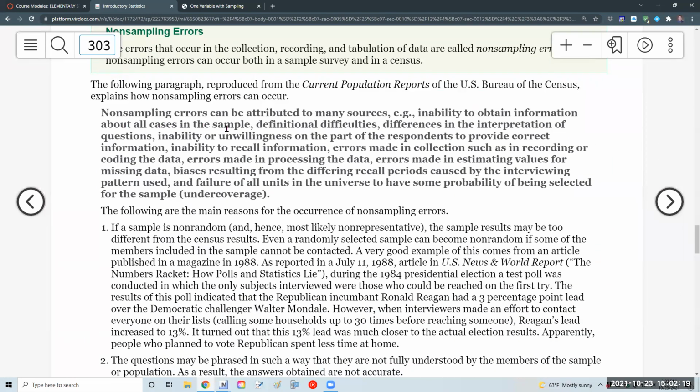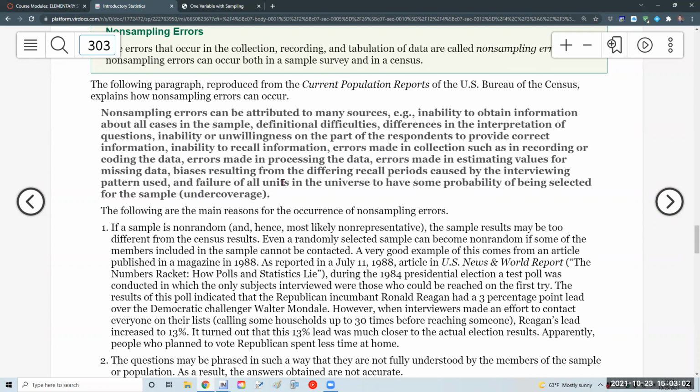Non-sampling errors can be attributed to many sources: the inability to obtain information about all cases in the sample, definitional difficulties, differences in the interpretation of questions, inability or unwillingness on the part of the respondents to provide correct information, inability to recall information, errors made in collection such as recording or coding the data (just making a typo), errors made in processing the data, and errors made in estimating values for missing data.